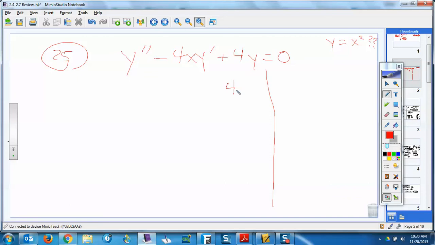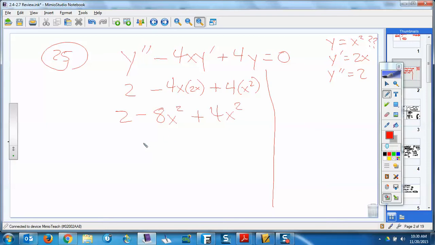And then what am I going to put for y prime? 2x. I'm going to put the derivative, 2x, right there. And then what am I going to put for y double prime? 2. Y double prime would be 2. So I'm going to put a 2 right there. So I'm going to have 2 minus 8x squared plus 4x squared. And that would be 2 minus 4x squared. And then on this side I have 0. Are those equal?